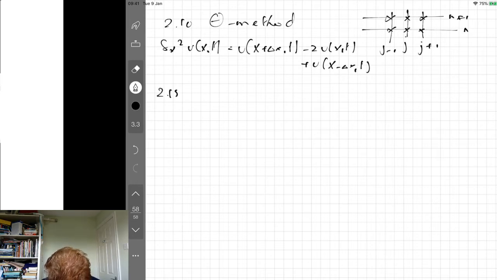Then we get for the theta scheme the following.